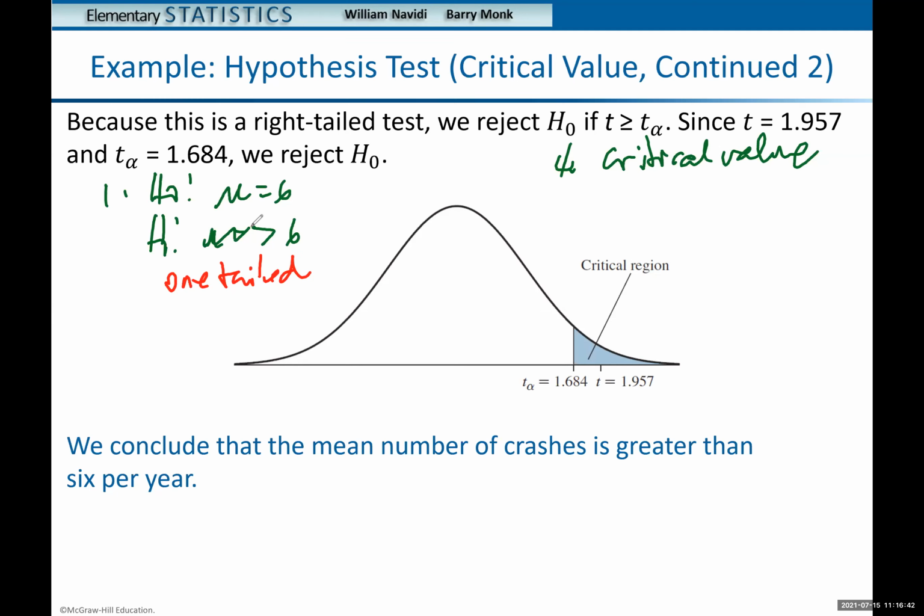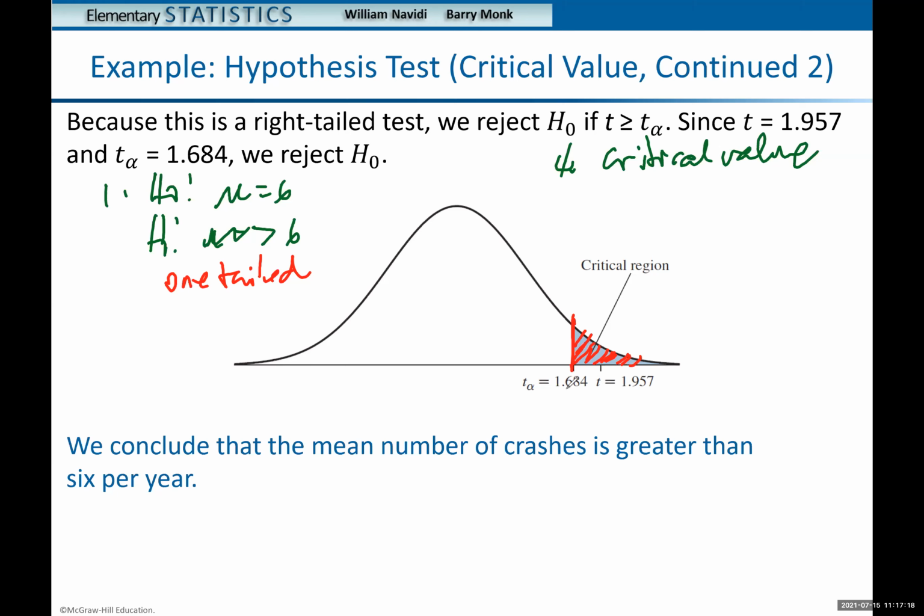Greater than, meaning when you use a normal curve, it's on the right side, and this is the rejection region. If it's less than, it's going to be on this side. If it's not equal to, you have those two sides. Since it's greater than, it should look something like this, and then you need to solve for the critical value of t.